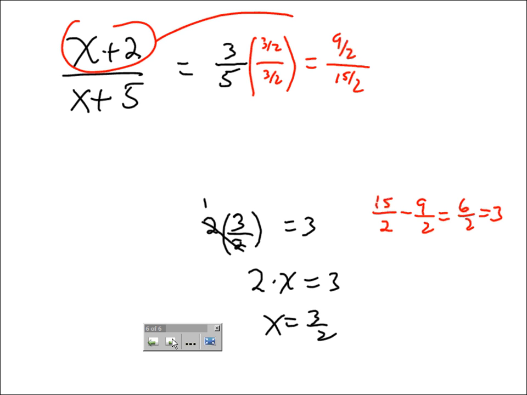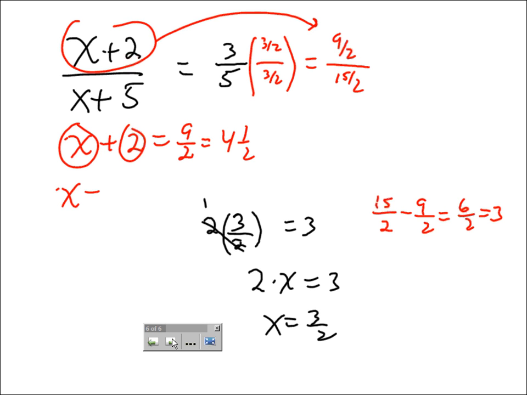So the tops can be equal. Some number plus 2 is equal to 9/2. That is 4.5. You should know that 2.5 plus 2 is 4.5. So x is 2.5 or 5/2. That's the way you solve these type of equations.